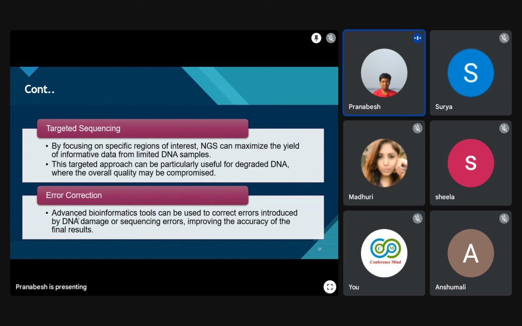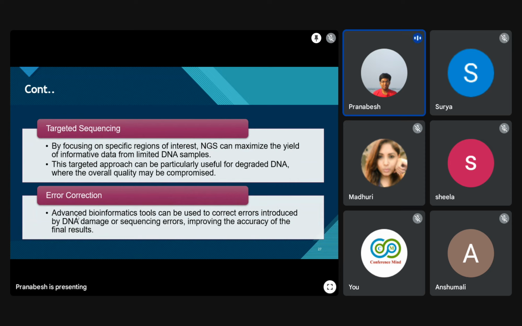So if we get a very small amount of DNA, NGS can maximize the yield of informative data from the limited samples. This targeted approach can be particularly useful for degraded DNA where the overall quality may be compromised.